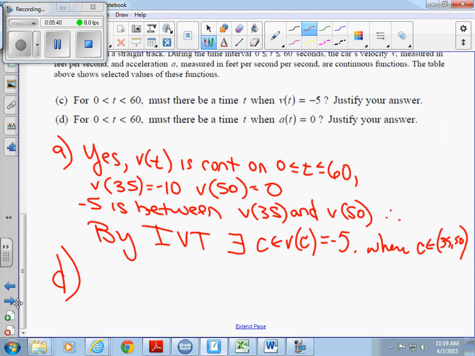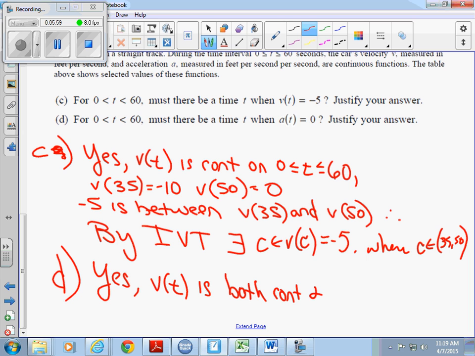So part D is also yes. V of t is both continuous and differentiable. Why do I need to say both continuous and differentiable?